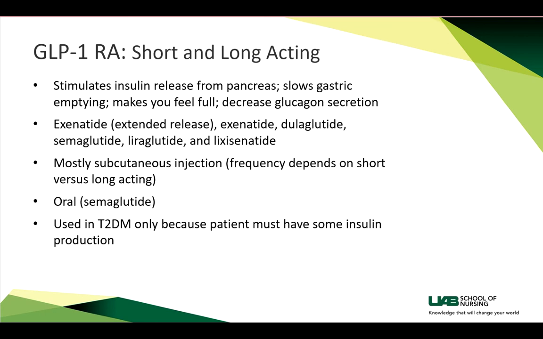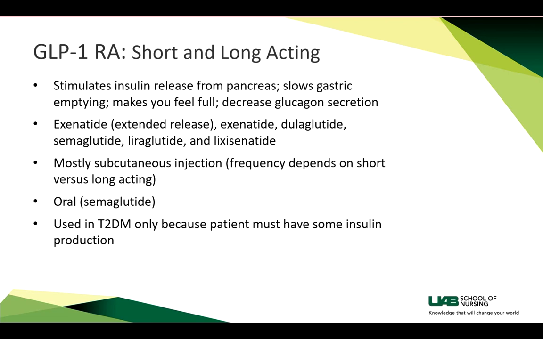We use this in patients who have type 2 diabetes only because you have to have some production of insulin for these drugs to work. Remember that in type 2 we have insulin production, but it may be deficient in the amount or deficient in its quality, meaning its action is not what it should be.